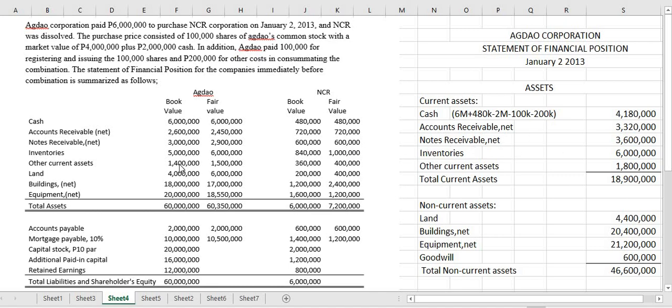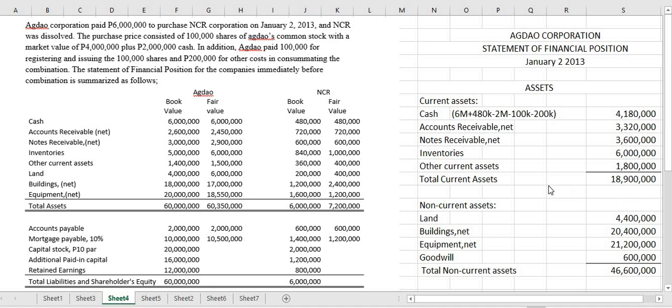Inventories, book value of Agdao is 5 million, then fair value of NCR is 1 million, that's 6 million in total. Then other current assets, that was 1.4 million for Agdao and 400,000 for NCR at fair value, so you have 1.8 million. So our total current assets was 18.9 million.